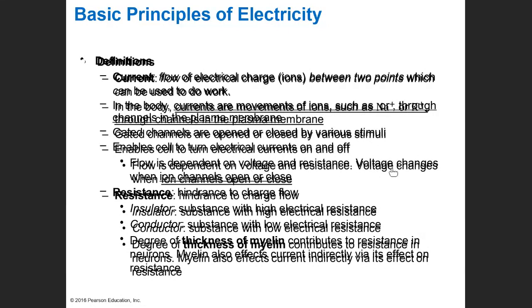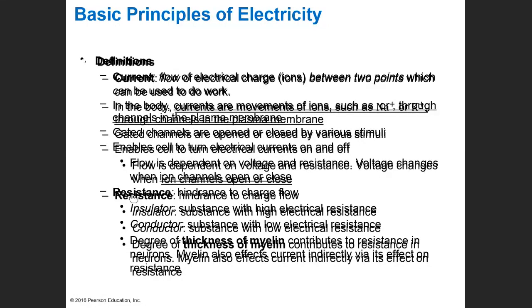Again, we're really dealing with how voltage changes will cause these channels to open or close. We will also deal with a different channel, which is not gated, and we've actually mentioned it before. It's a potassium channel that's always open. It's not gated. We'll bring that up again.